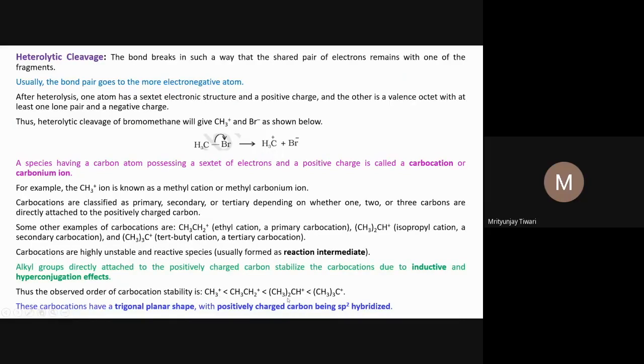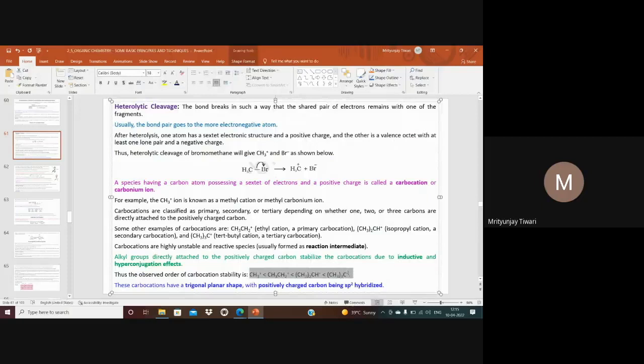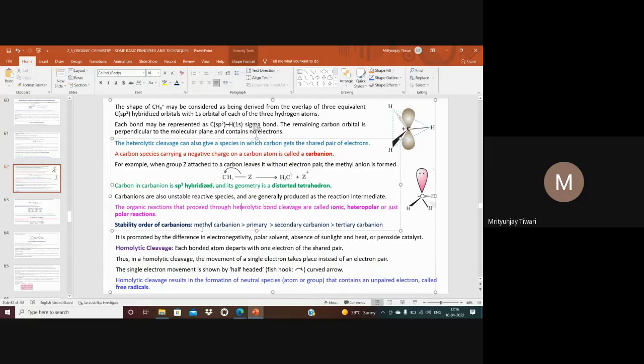So if you look at the primary, secondary, and tertiary carbocation versus carbanion, instead of this positive charge, there will be negative charge at the carbon atom. If there are three negative charges on it, the sign will change. Let us actually take this example, and we'll just change the sign in this case, with negative charge on this as well.